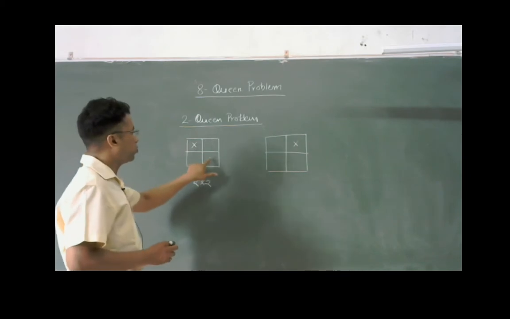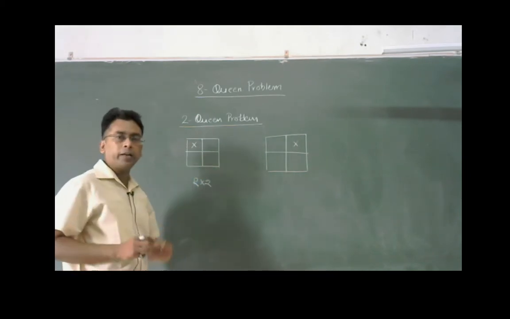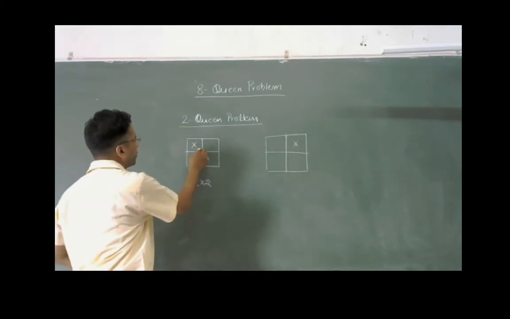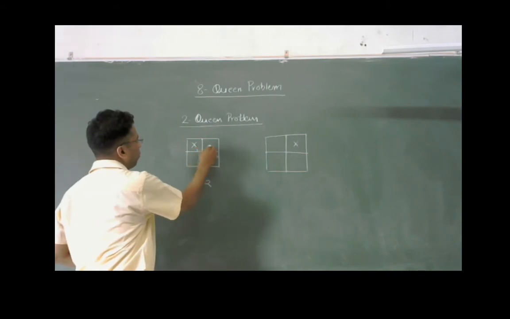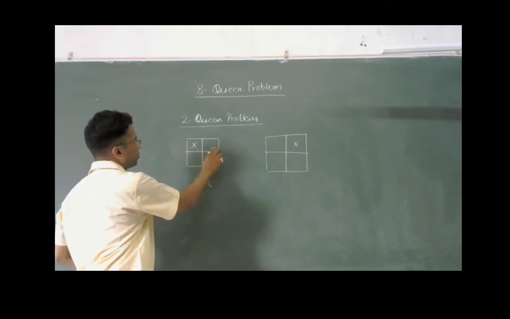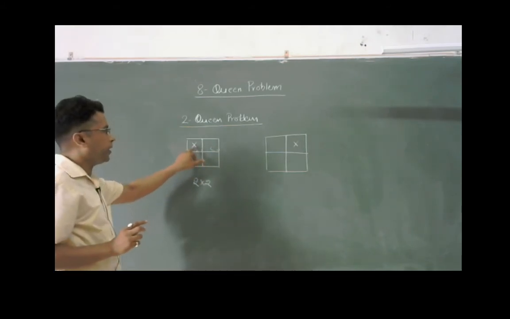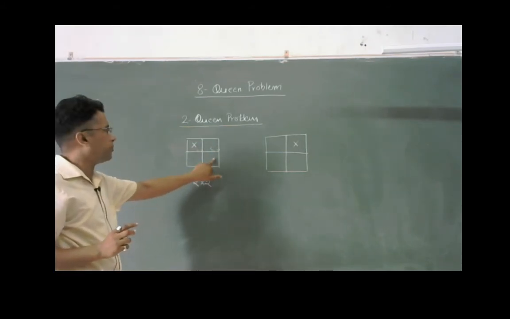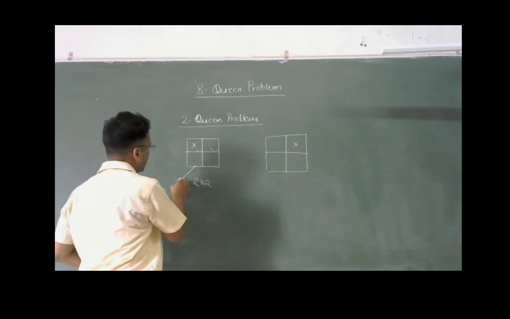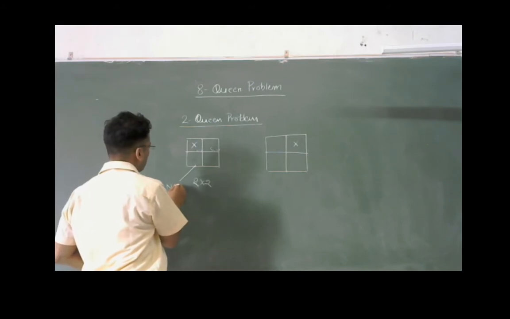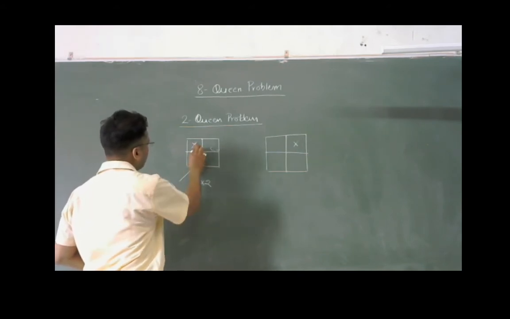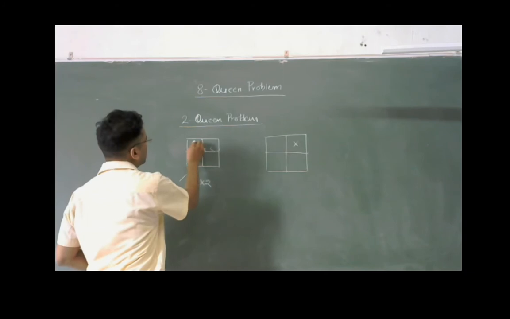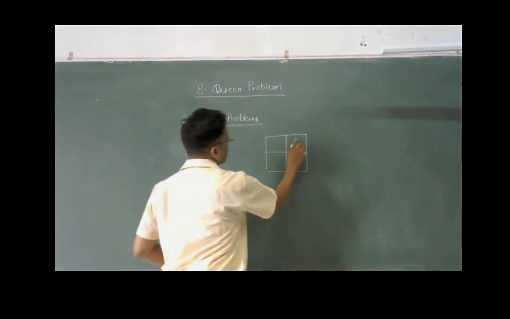Now, if there are two options, if I mark them 1 1, 1 2, if I place it here, then it will be in direct range of this, and if I place it there, here also no possibility, not possible. I am marking the queen with the symbol circle.